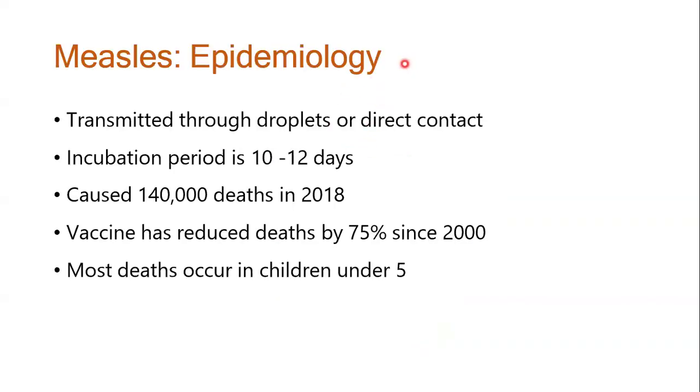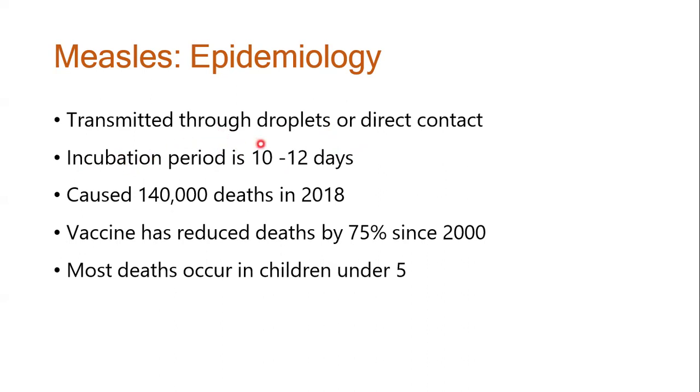Okay, epidemiology. I'm sure you've heard of measles from high school, primary schools. You know that measles is one of the diseases where we give vaccinations in children at 9 months. It is transmitted through droplets or direct contact. Incubation period, 10 to 12 days. Incubation period means the time between getting the disease and when you start showing symptoms.